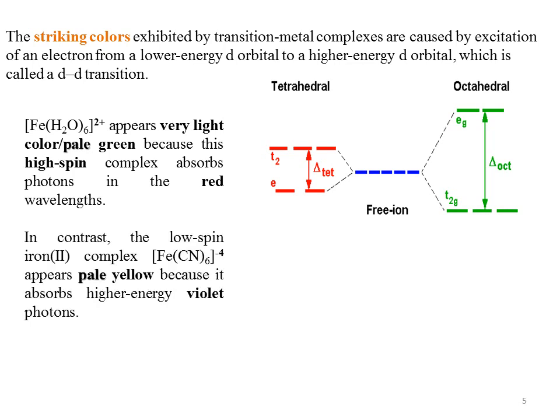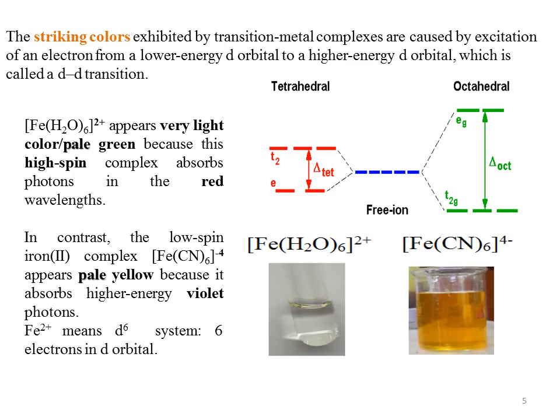Another example of a compound is potassium ferrocyanide, it appears pale yellow because it absorbs the higher wavelength violet photon. Both are iron 2 complexes, meaning the d6 system, where 6 electrons are present in the d orbitals. You can see here the very light pale green color of the hexaaqua complex, and the hexacyano complex of iron is pale yellow in color.